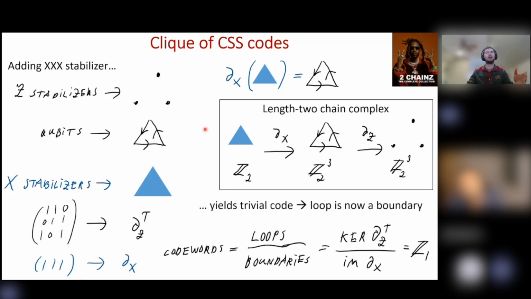All right, and now let's geometrically reprove that we have a trivial code when we do this. Remember, loops that are non-contractible correspond to code words. So remember, we had this one loop, this loop of three edges of the triangle that we had in the previous slide.